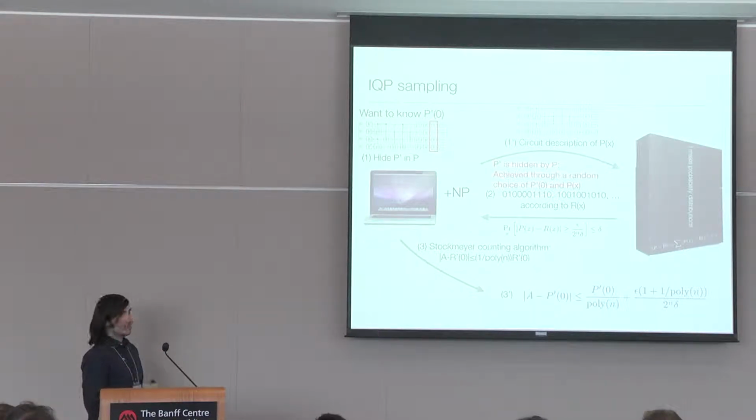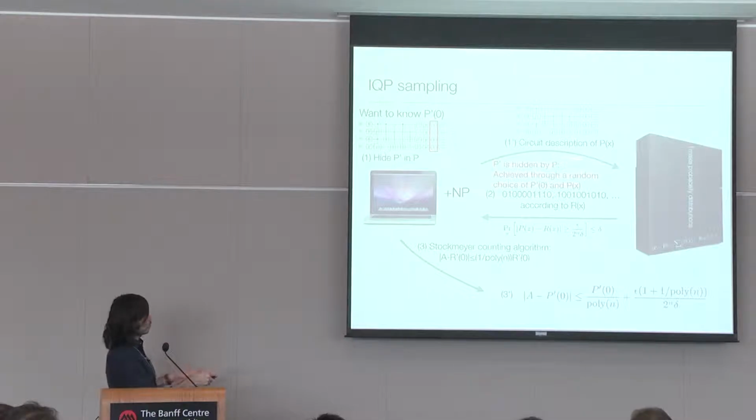And then we ask the question, what is the probability of measuring all zero at the output? Go through the same procedure. In a sense, this instance we cared about is hidden in the description of the circuit because it's an IQP circuit.